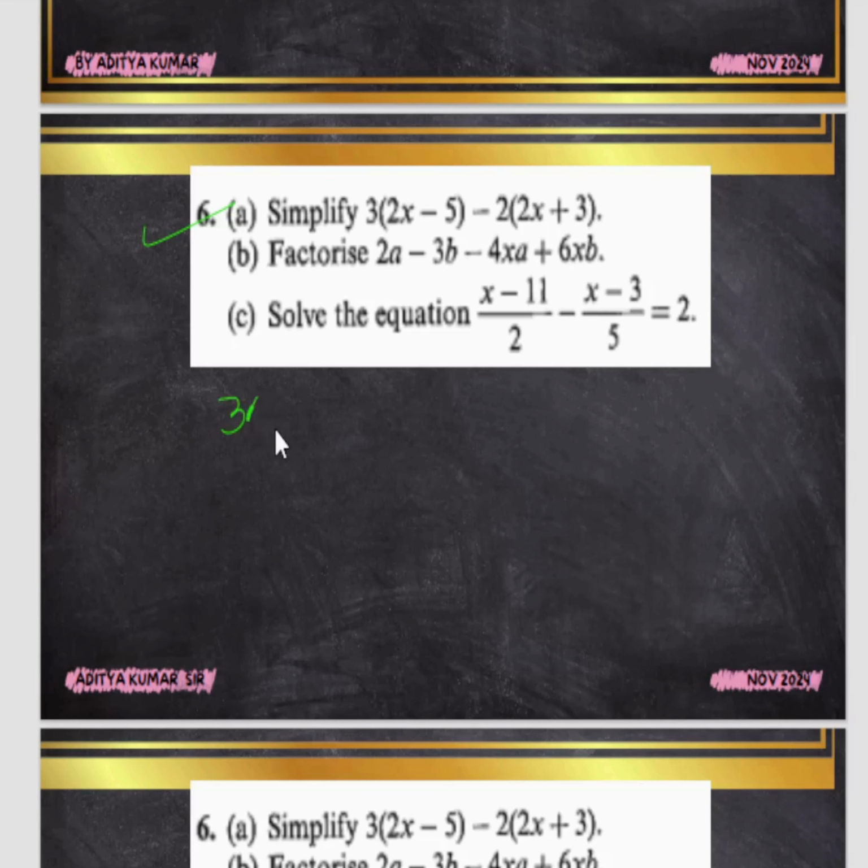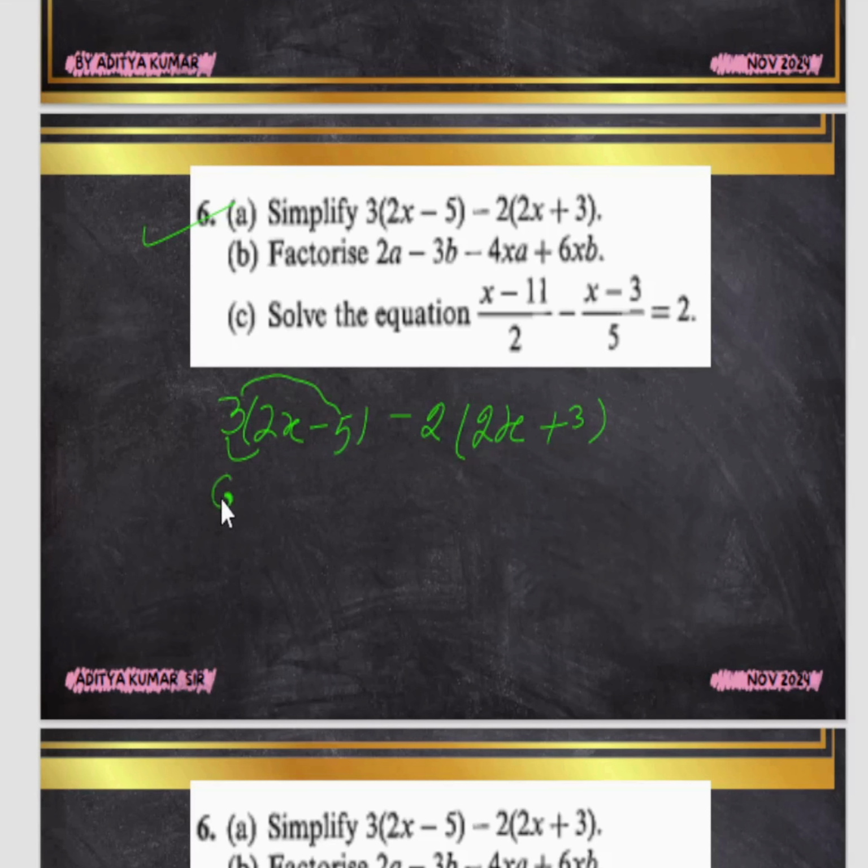This is 3(2x - 5) and this is -2(x + 3). How can you solve? First we have to multiply this part by this and this part by this.